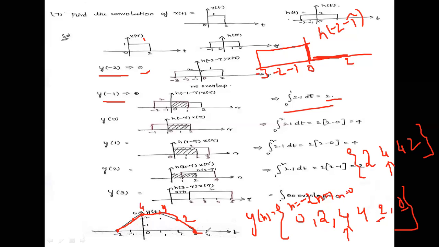Like that, for any given samples, either continuous or discrete, we can draw the diagrams. Change the t as tau, and keep the first signal x of tau the same, and take the second signal h of t as h of tau, and then fold it to h of minus tau.